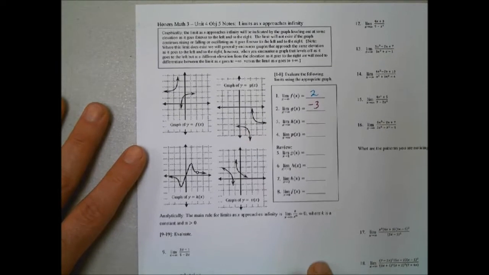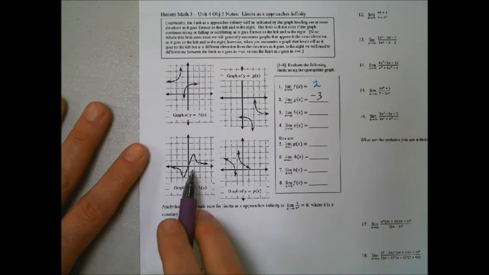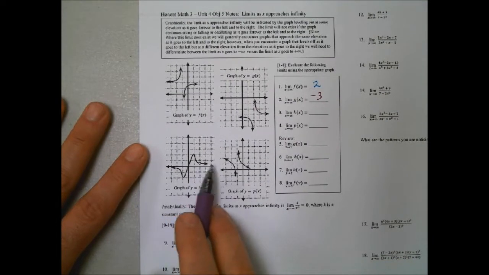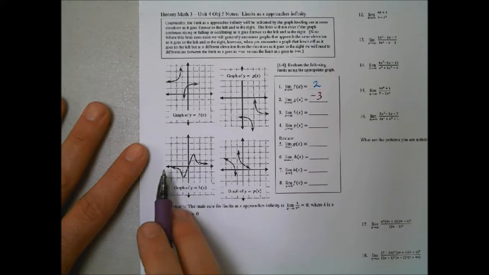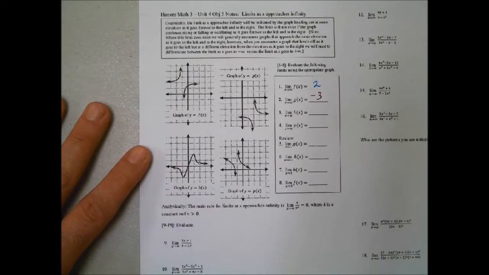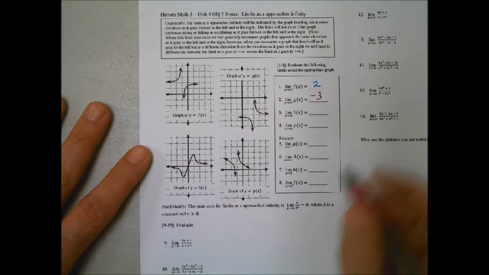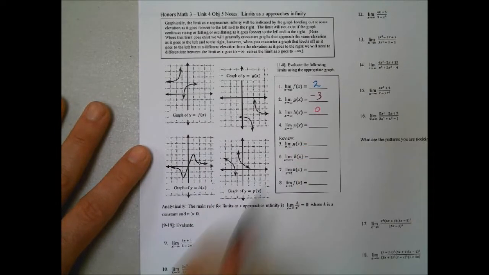Okay, the graph of h of x, as I go to the right forever, it seems to be leveling off at elevation 0. As I go to the left forever, it seems to be leveling off at elevation 0. Therefore, the limit as x goes to infinity for h of x is 0.